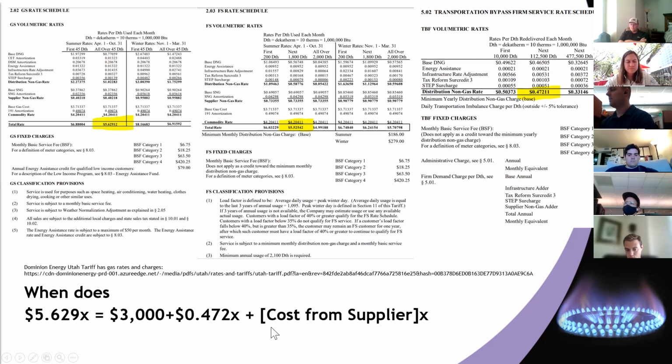Costs from suppliers on a TS rate schedule, I've seen them be like $2.80 per MMBTU, and I've seen them be $3.50 per MMBTU, but getting it from a supplier is always a lot cheaper than getting it directly from Dominion. The question is just, at what point is the quantity large enough that it overcomes that administrative fee every year? That's basically how you would evaluate a case of switching from GS to TS.